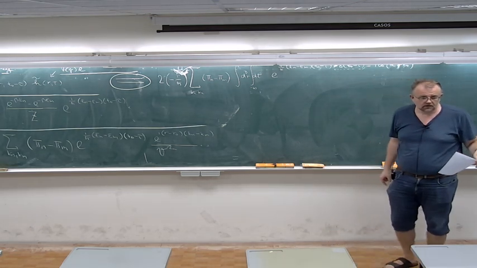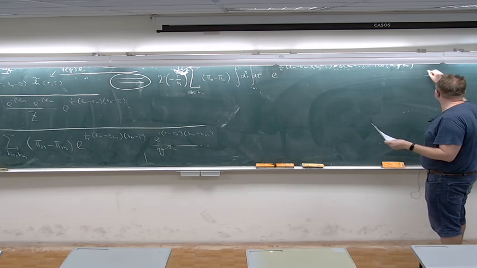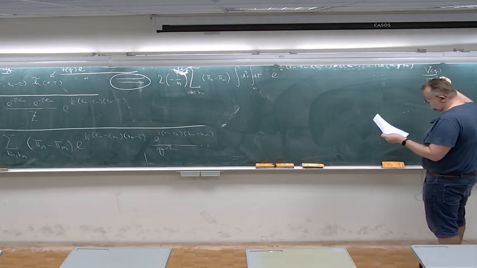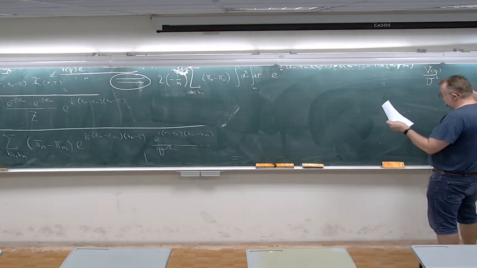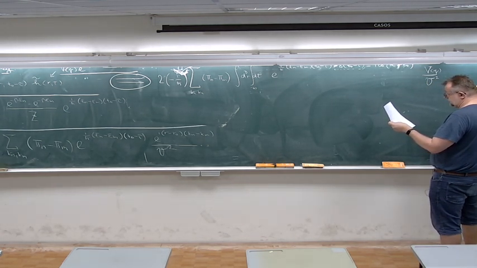This thing is here because I put it back into the integral, right? Is that clear? Now I have the space integral, and this is the potential Q divided by volume squared. And now I have these two exponentials.